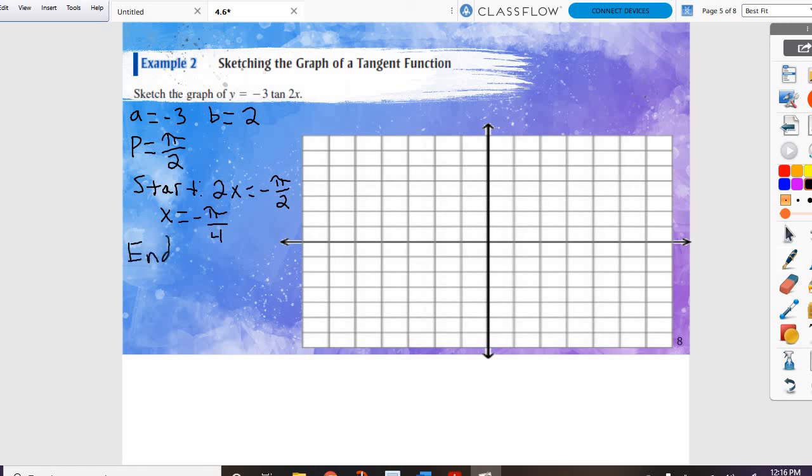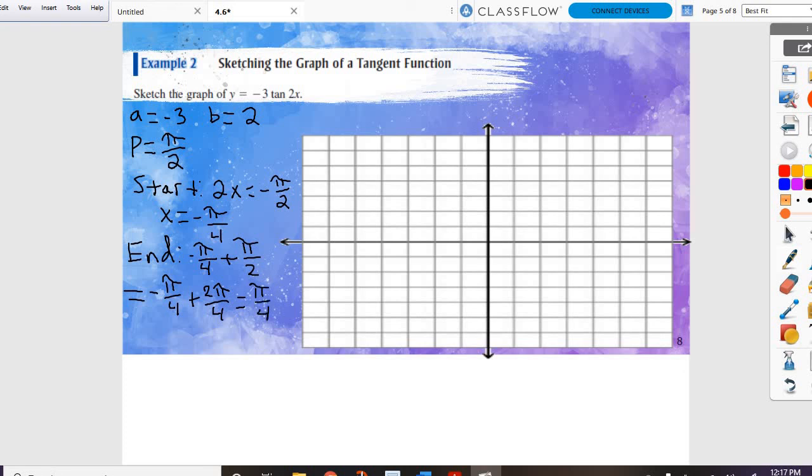Again, how do we find where our graph is going to end? Plus what? Agreed. So I take my starting spot, I add the period, we have fractions, so I need to find a common denominator. So I would have 2 pi over 4, which is going to give us pi over 4.